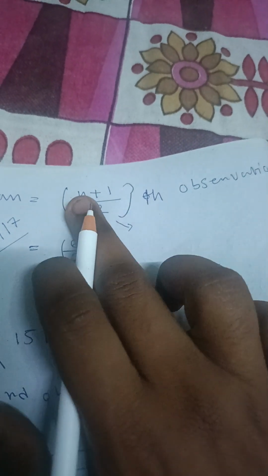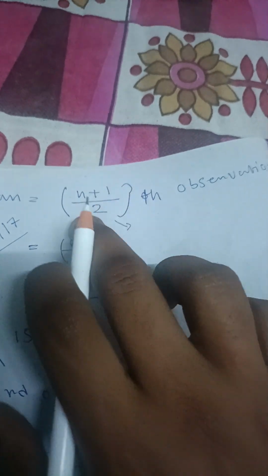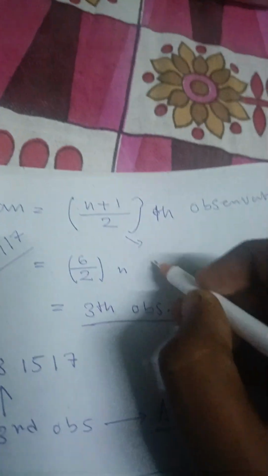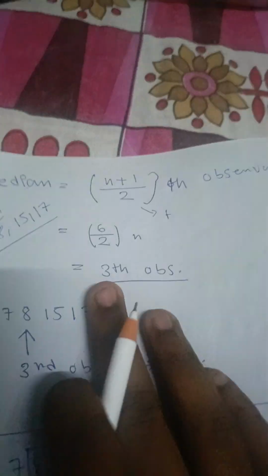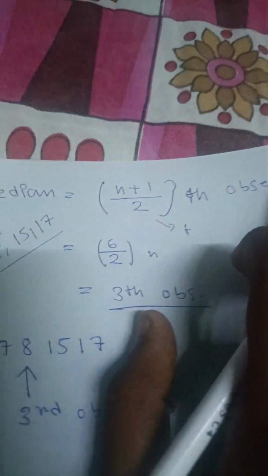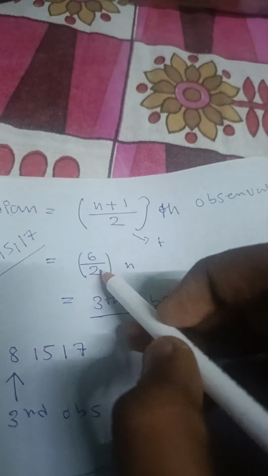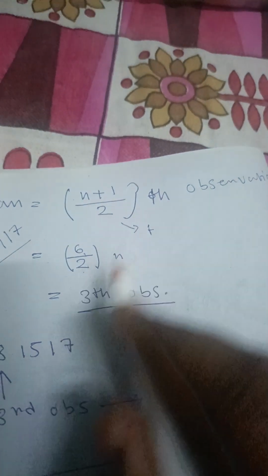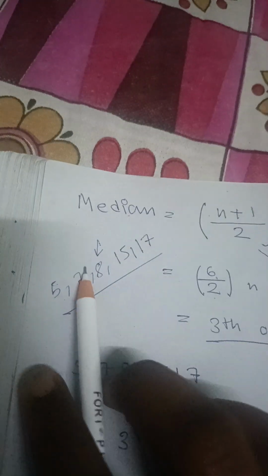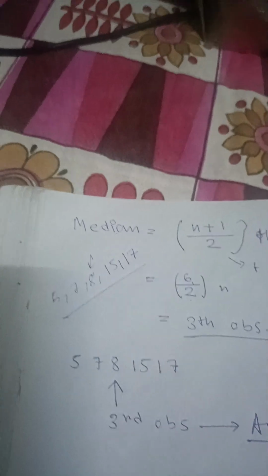What is n? n is the number of elements, so (n plus 1) by 2 gives the position of the observation. That observation, not that number, is the answer. So here 5 plus 1 is 6, 6 by 2 is 3. What is the third observation? 8. So 8 is the answer.